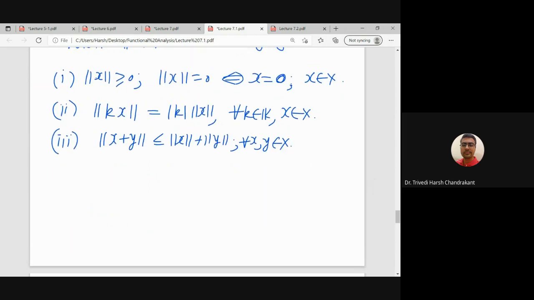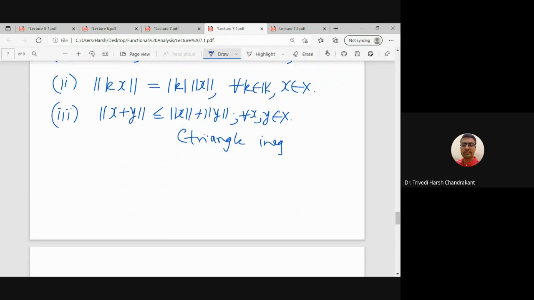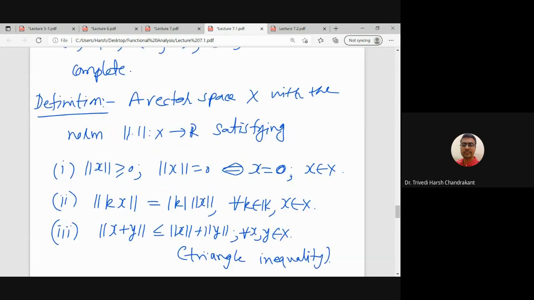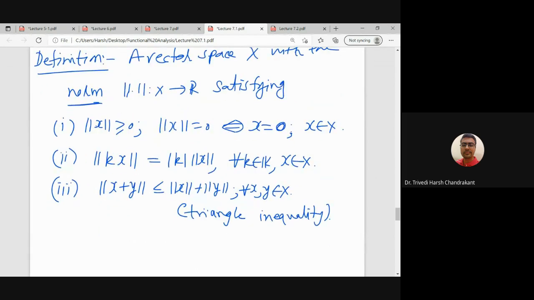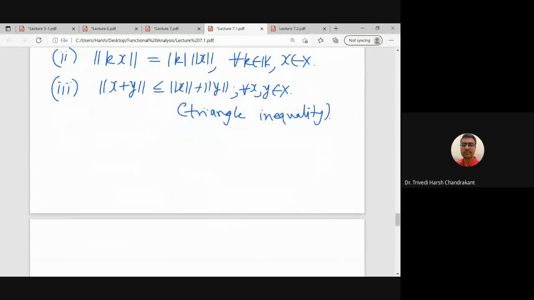Fine. So if these properties are satisfied, then we call it a norm, and a vector space along with the norm is called a normed linear space.